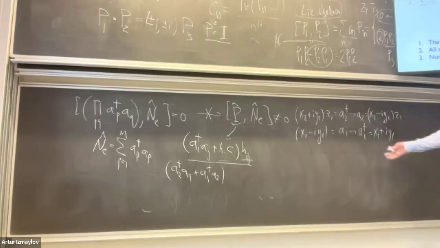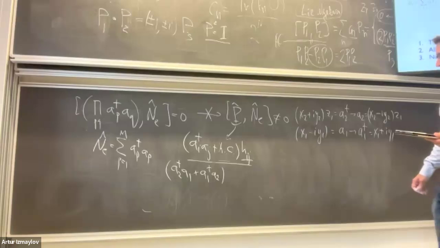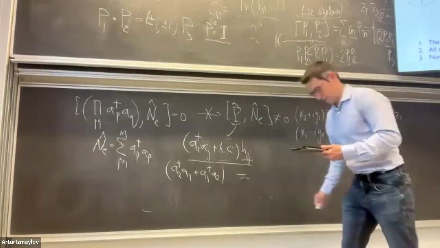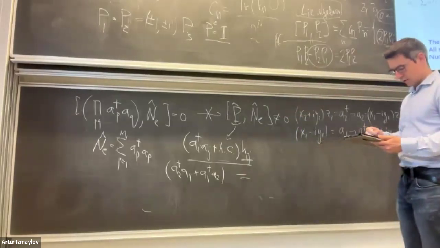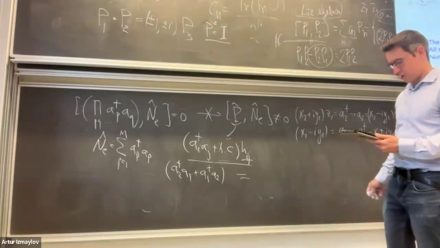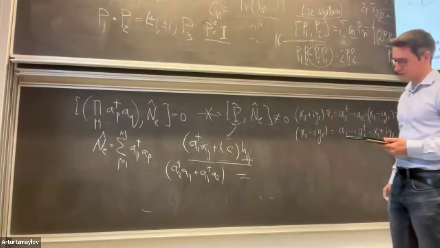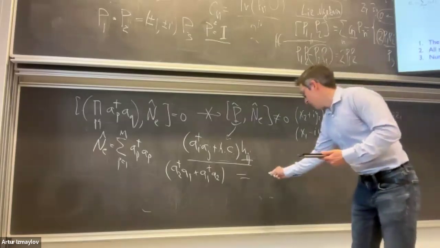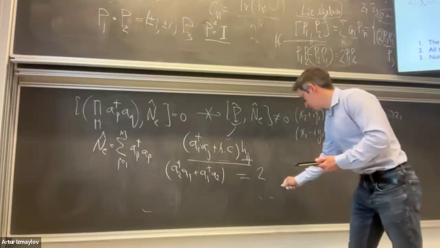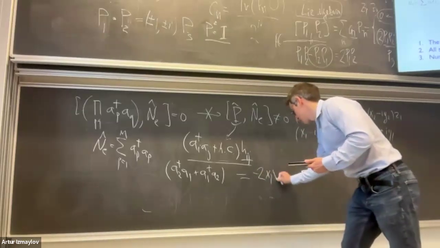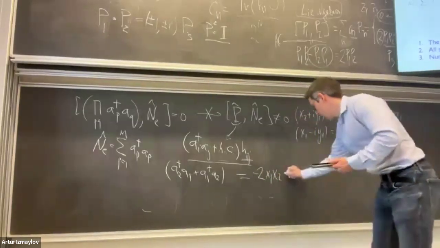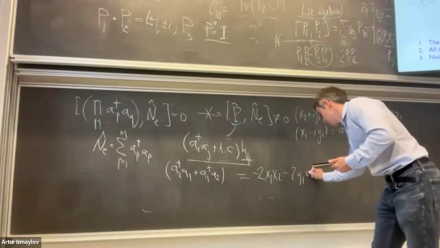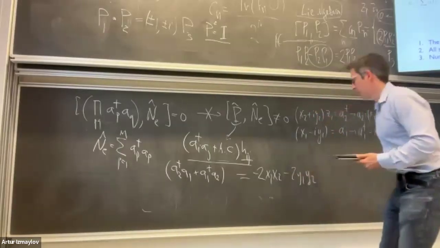All right, so after all this, if you put this all together, it turns out only two terms survive after a lot of cancellations that I'm not going to bother you with. You could do it at home if you'd like. The two terms that survive are X1 X2 minus 2 Y1 Y2.